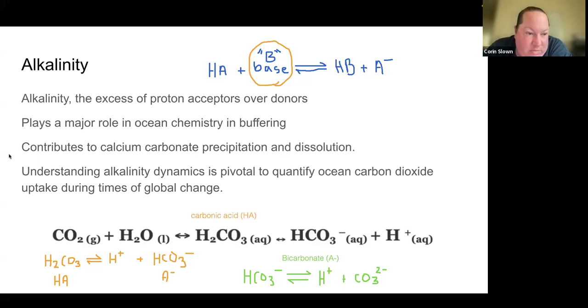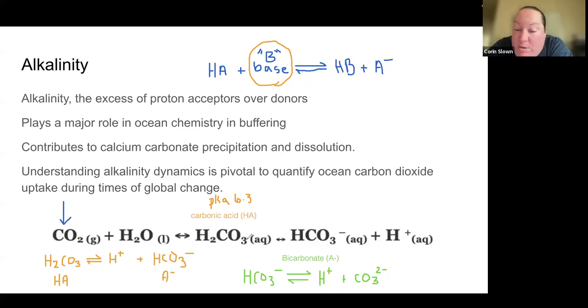So if you want to think about our model, we have CO2 that's coming into the ocean from the atmosphere. That combines with water and creates carbonic acid. But this has a pKa of 6.3, which means that in the ocean, this H2CO3 doesn't stick around.